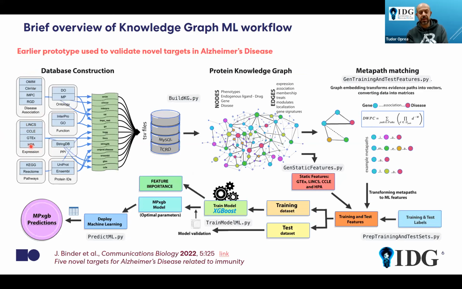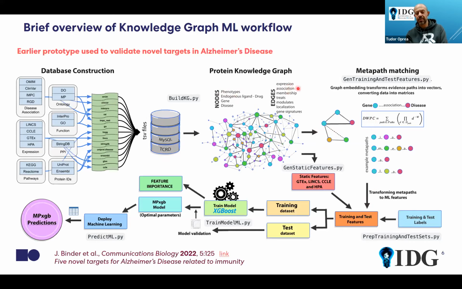Pathway information goes into a separate bin, protein interactions separately, etc. It all goes into a database, which at IDG is called TCRD, and then that ends up in a knowledge graph. Then, based on a technique developed by Daniel Himmelstein while at UCSF, called degree-weighted path connectivity, it looks at the way different nodes are related. By nodes, we mean phenotypes, genes, diseases, and the edges are the relationships between those nodes.